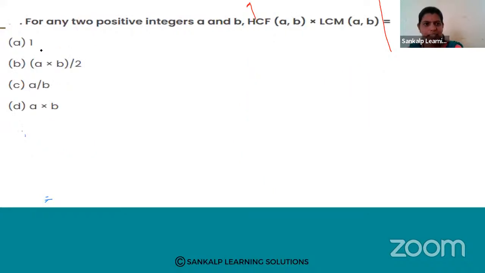Okay. Next, for any 2 positive integers A and B, HCF of A and B into LCM of A and B is equal to: 1, or A into B divided by 2, or A divided by 2, or A into B. Which option is right? Very, very basic thing, a very easy question.